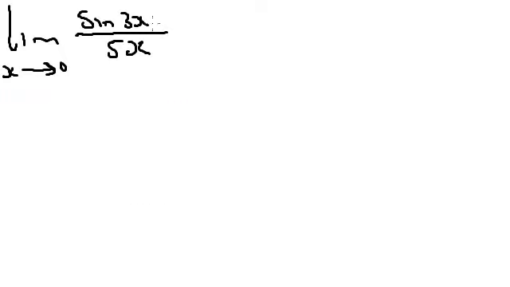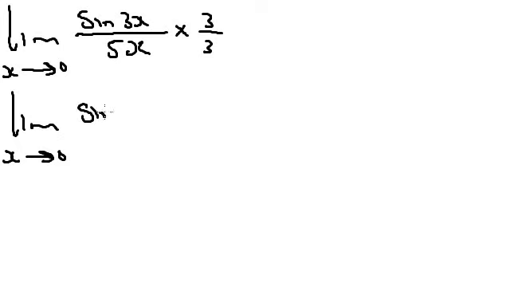So to do that, we can multiply both the top and bottom of the function by 3 over 3. Now at this point, we can switch the position of 5 and 3 at the denominator, and therefore we can now have the limit as x approaches 0 of sine 3x all divided by 3x, multiplied by 3 all divided by 5.